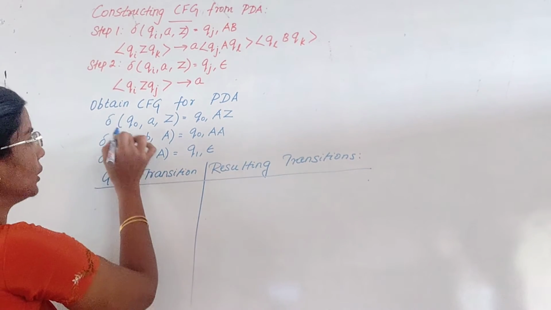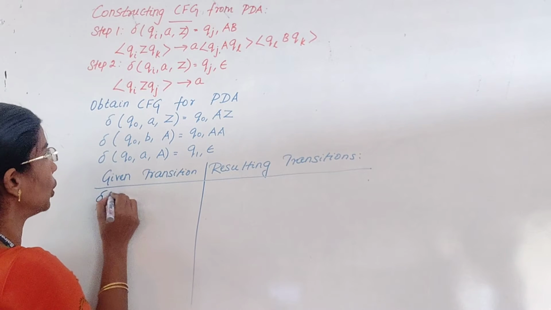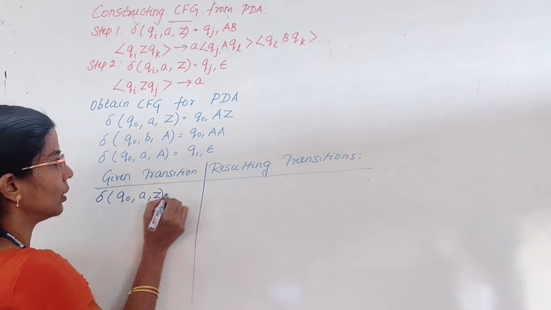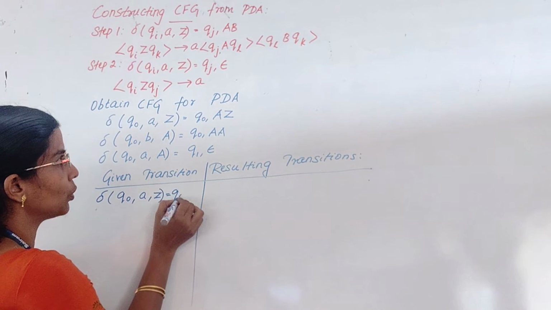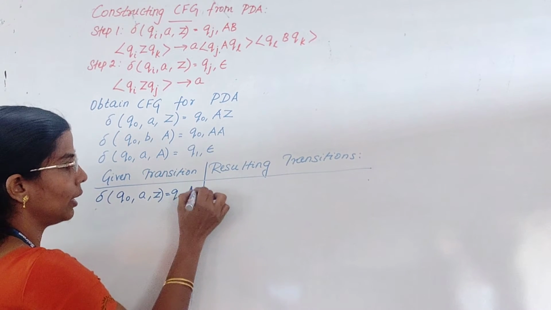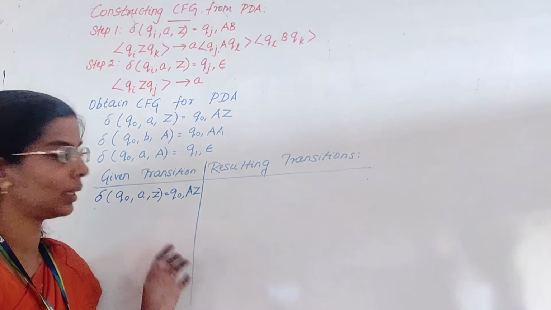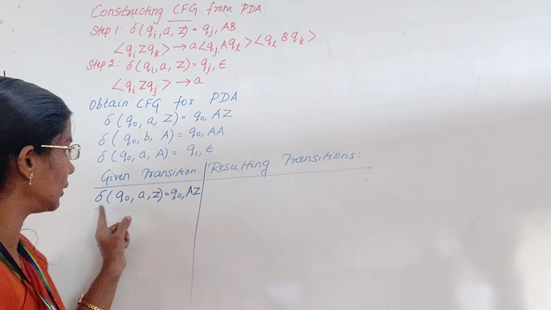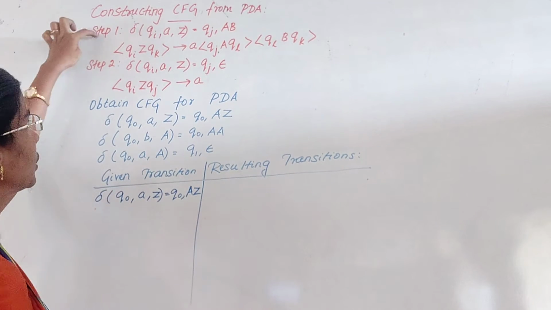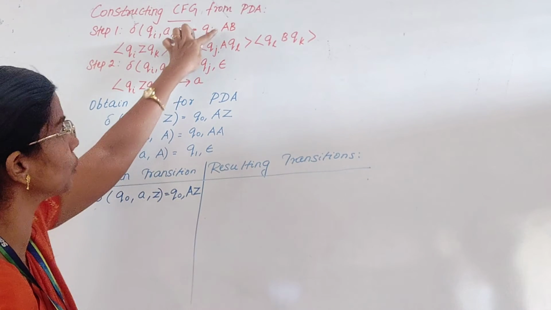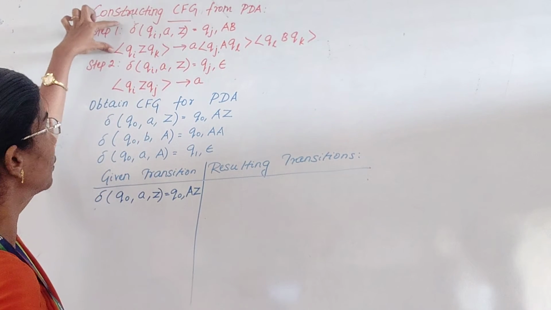So what is my first transition? Delta of Q0, A, Z, which is equal to Q0, comma, AZ. First, check which type this transition belongs to. Here I have a non-terminal, so it belongs to the first one.